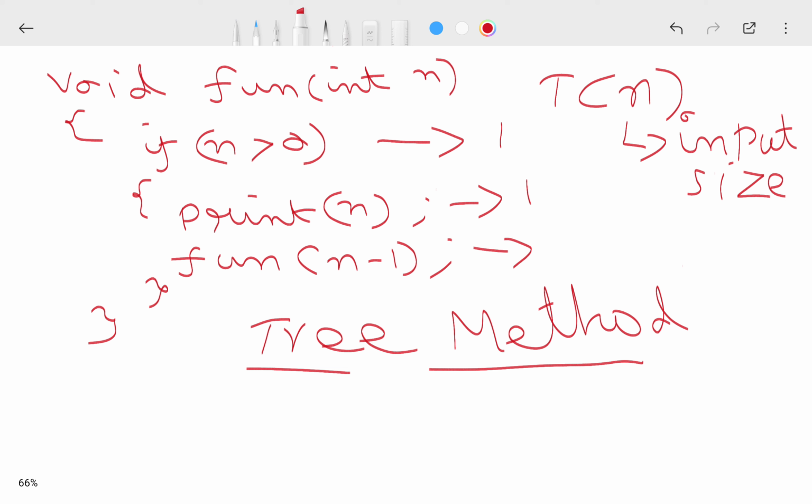Now this is a function call that calls the same function fun, but here the size of the input is n minus 1. So we can assume that the time taken by this function is T of n minus 1.